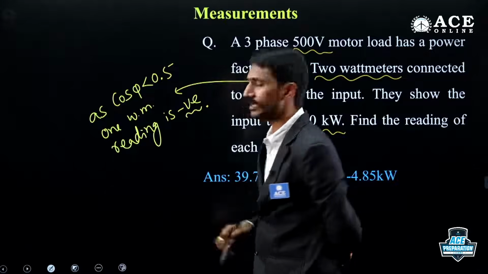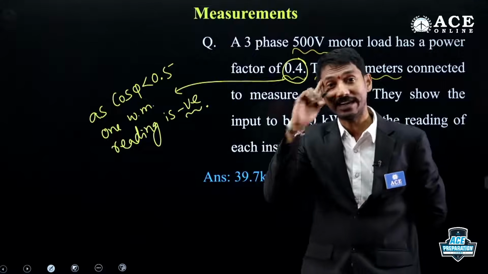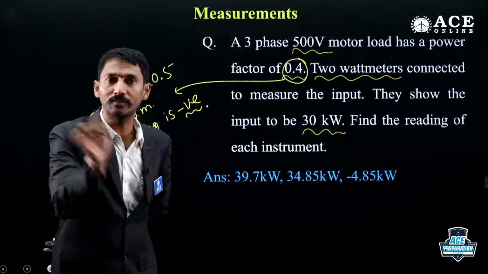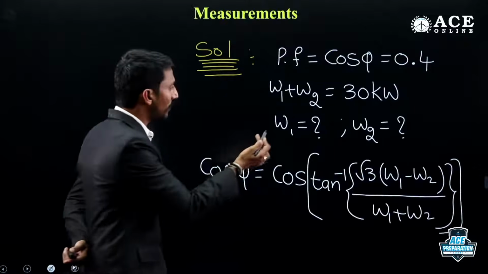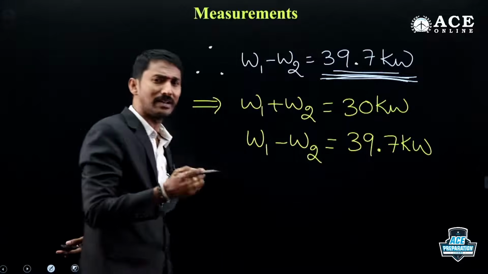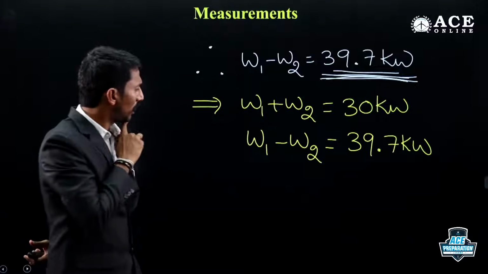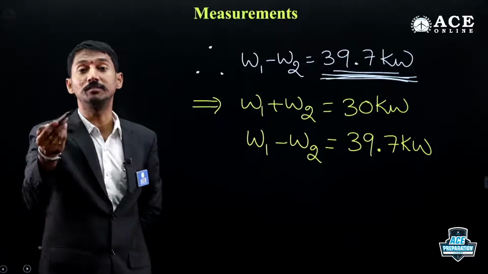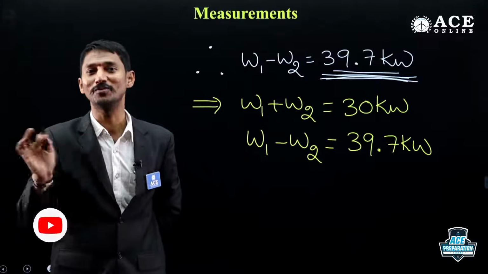If you are able to recollect that point without any confusion, you can proceed. But after getting this, most of the people send this solution: W1 minus W2 is more than this one. What is the mistake, sir? Nothing, no need to worry.